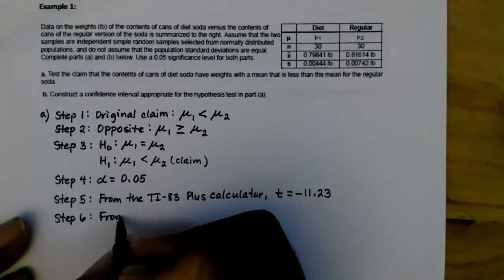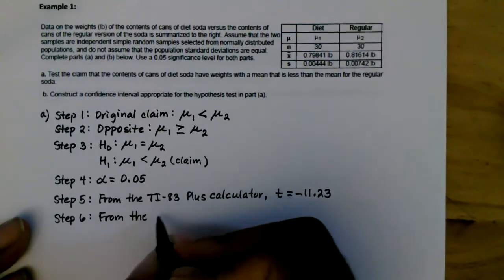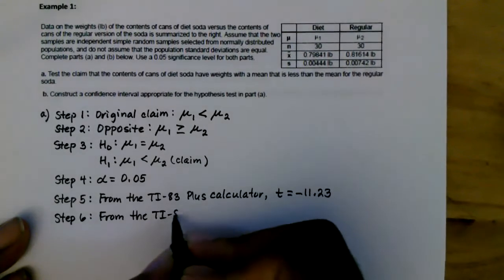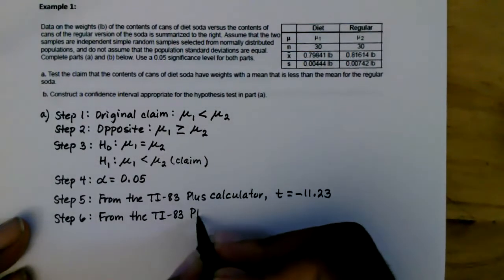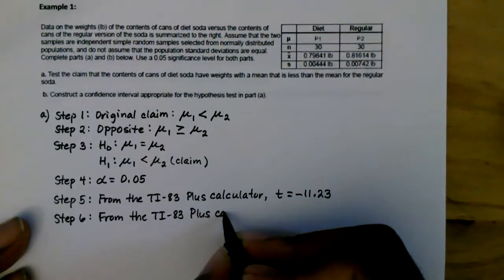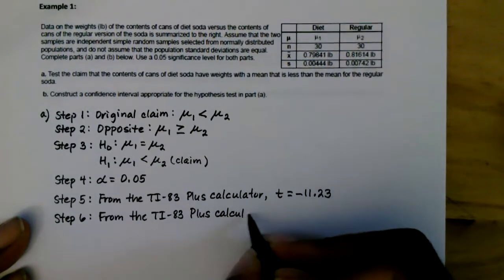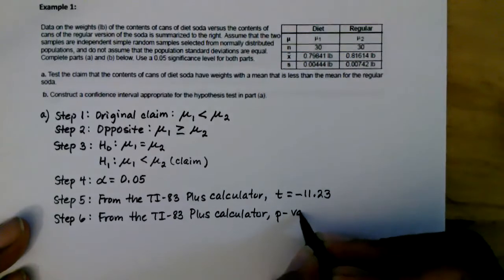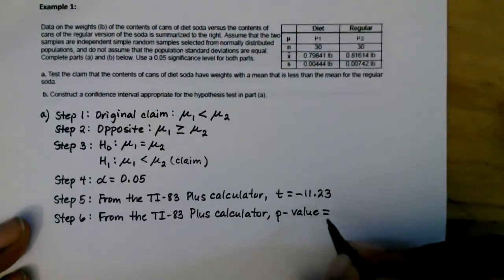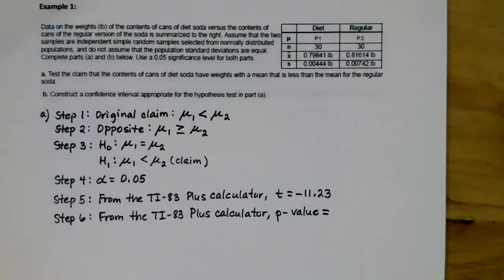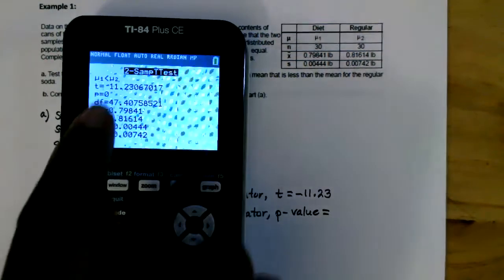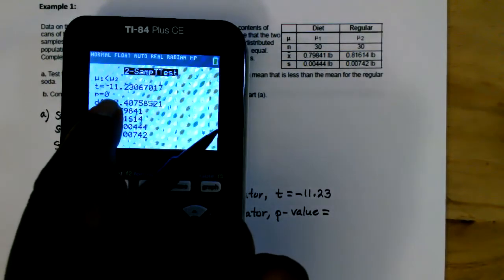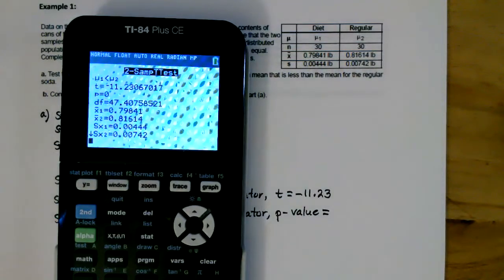So I'm going to say here from the TI 83 plus calculator, the p-value is equal to, under the T is our P, and in this case, P is equal to 0.